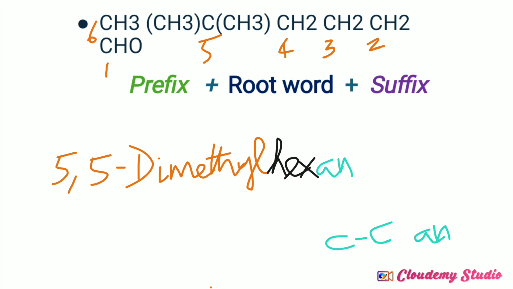As a result, we need to write al at the end part of the name. So now we have got the IUPAC name, 5,5-dimethylhexanal. That is the IUPAC name for this compound.